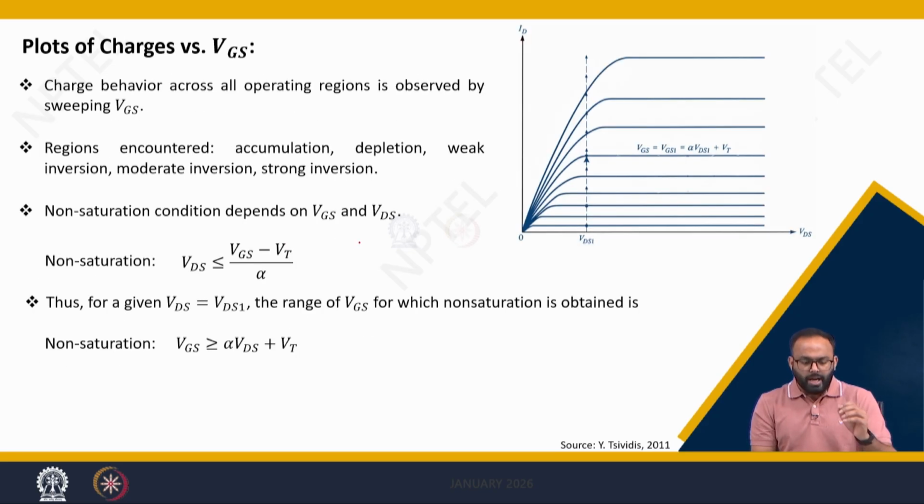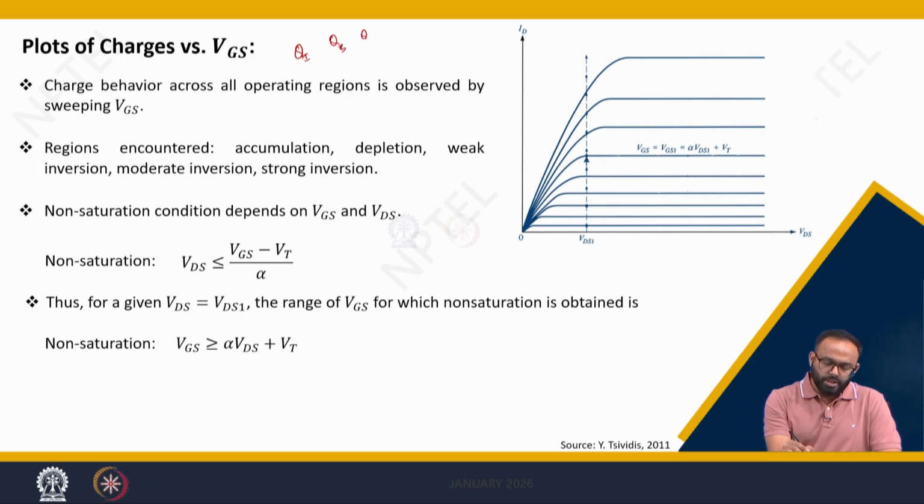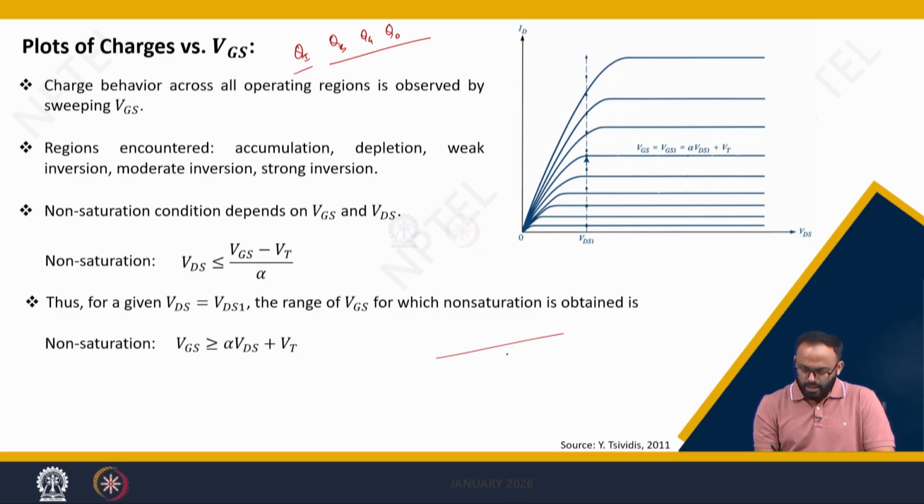Now, let's see how these charges, which we have derived for quasi-static analysis, that is Qi, QB, QG, or let's say Q naught, how these charges vary with the voltage, because these charges are available in the MOSFET, and ultimately you are tuning or changing the gate voltage. In the previous lecture, we have seen how the charges vary with VDS.